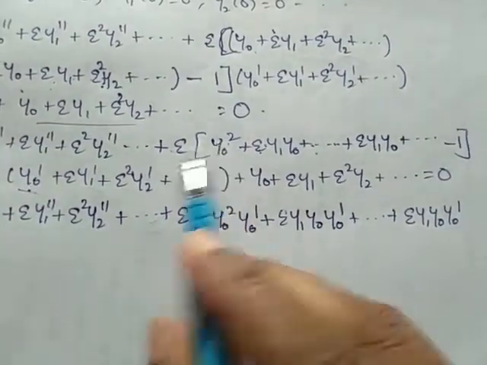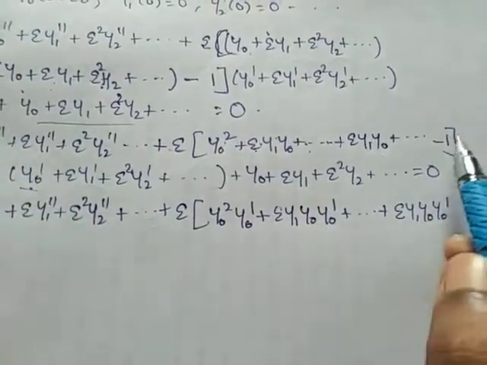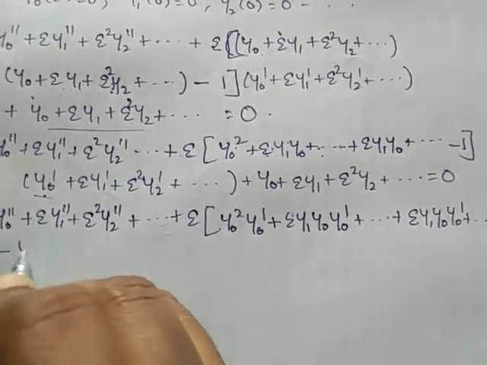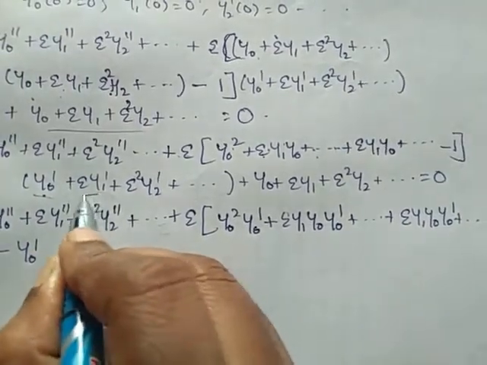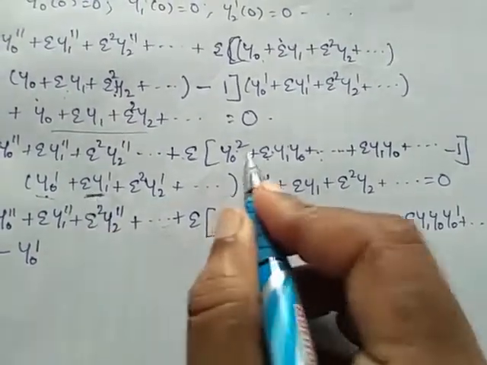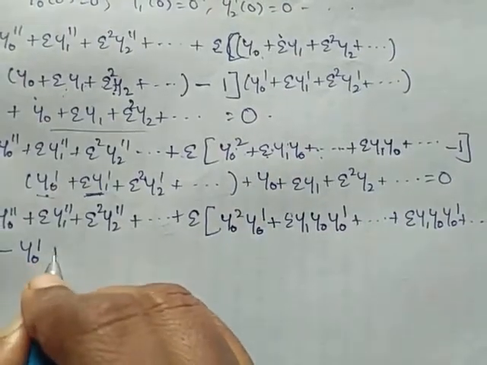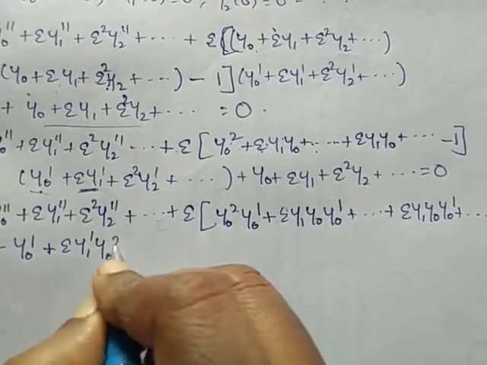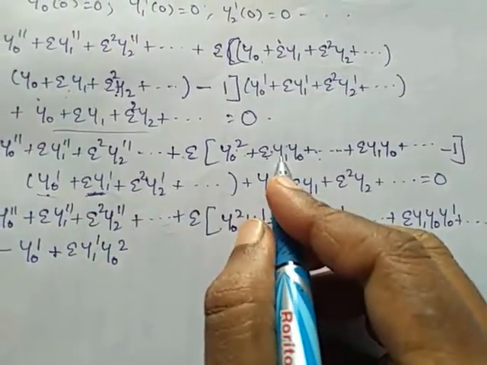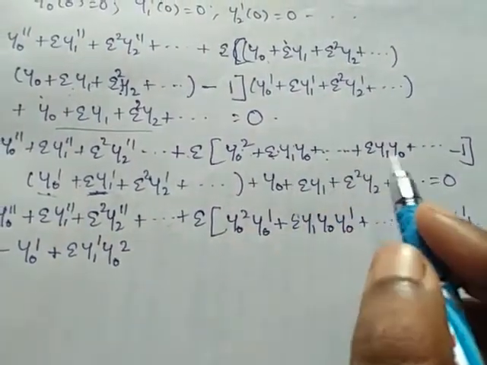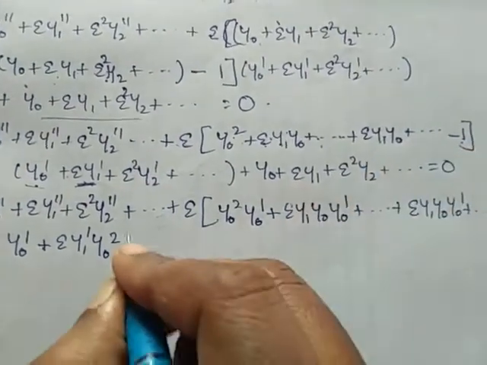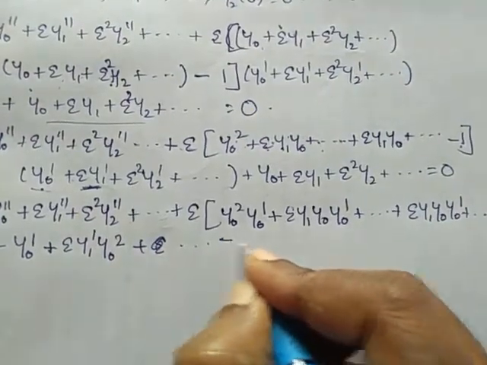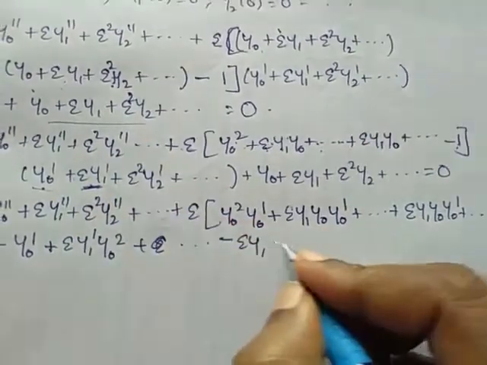So I multiplied this with this, and this also with 1, minus y naught dash. And then I am going to multiply epsilon y1 dash with all the terms. We will get epsilon y1 dash into y naught square. This becomes epsilon square, so I am again neglecting higher terms. Here we have minus 1 minus epsilon y1 dash.